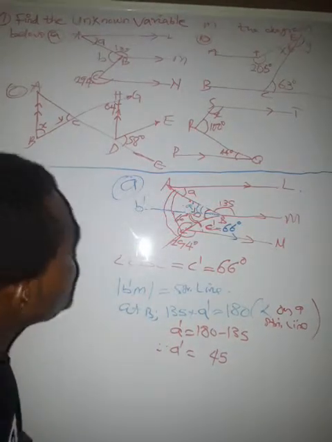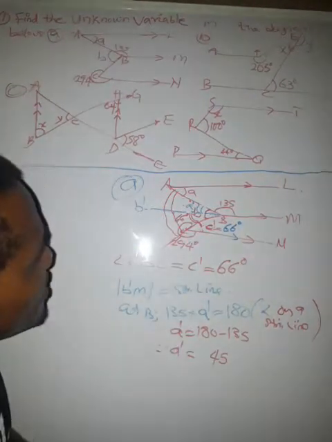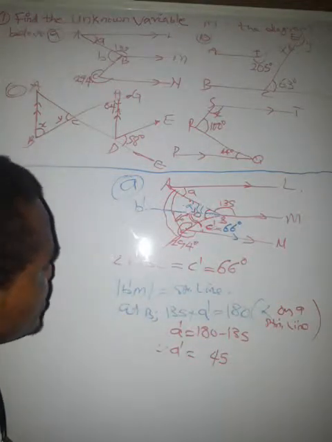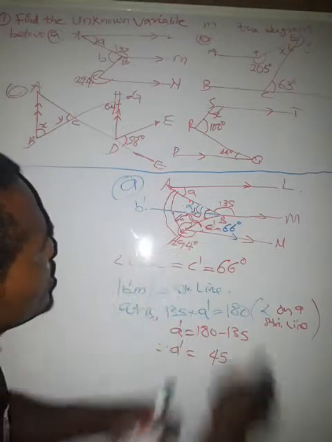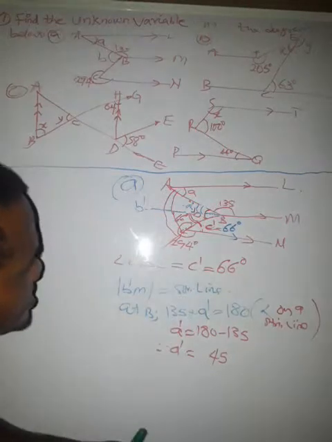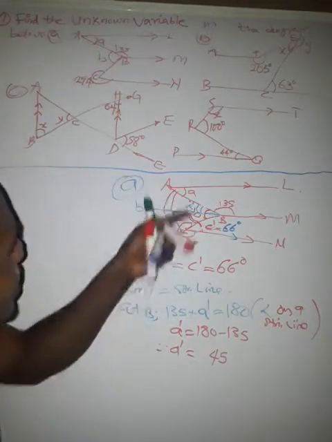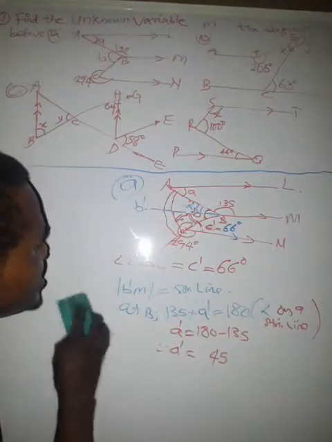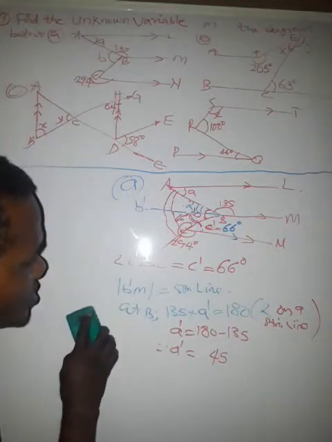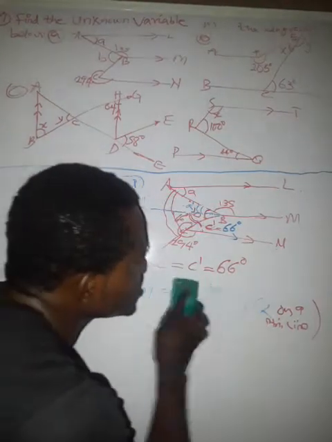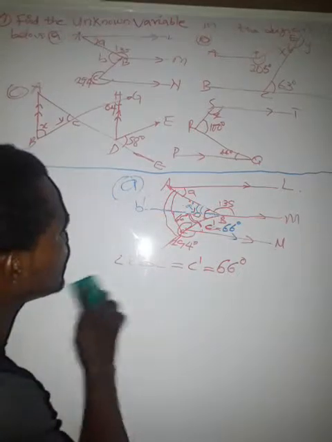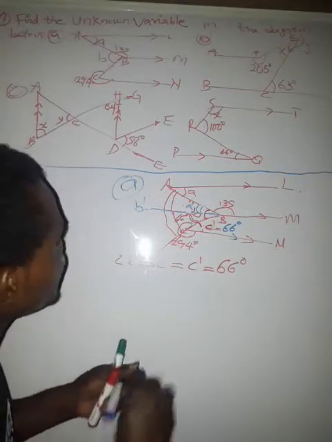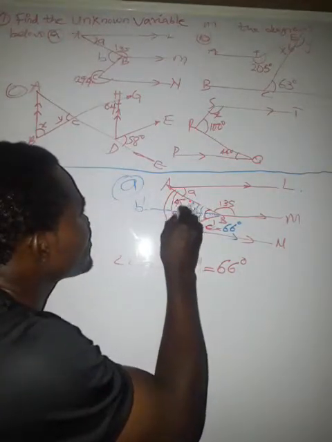So I already know 45 as that place A prime. Let me clean this place. I'll know that place A prime as 45. Here is now 45 degree.